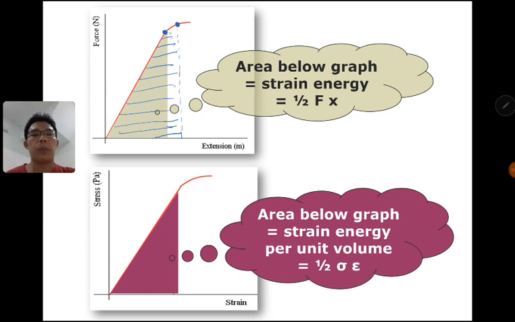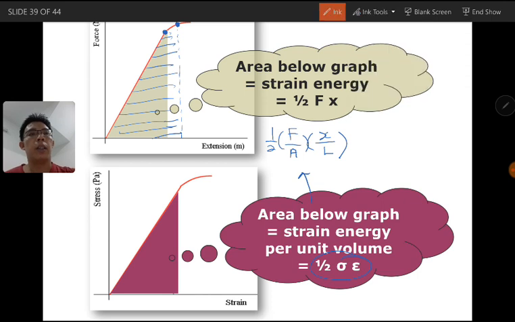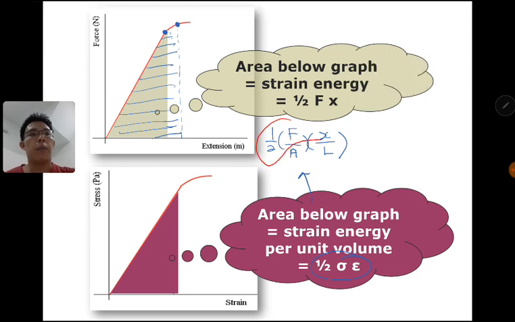Why is that strain energy per unit volume, and is half sigma epsilon? To understand that, let's try to expand the sigma and epsilon. Sigma is F over A, stress is F over A, force per unit cross-sectional area, and epsilon is extension per unit original length. Now look at this thing here in a different color, half Fx.